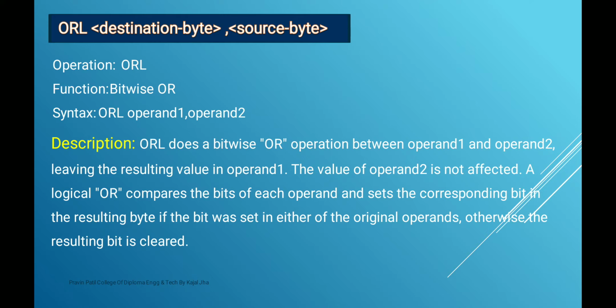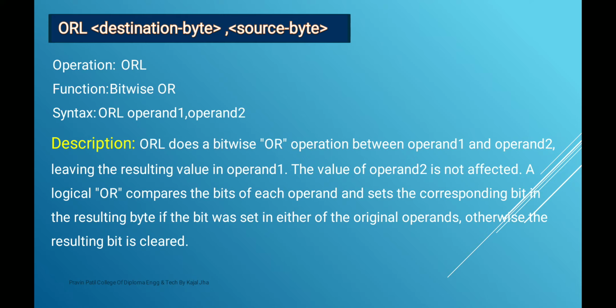Means what? The two operands can be specified using the combination of 6 addressing modes. If the destination is the accumulator, then the source can be a register, direct, register indirect, or immediate addressing. But when the destination is a direct address, then the source can be the accumulator or the immediate data.